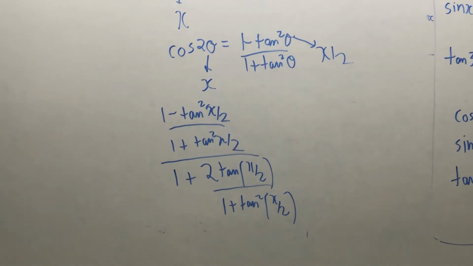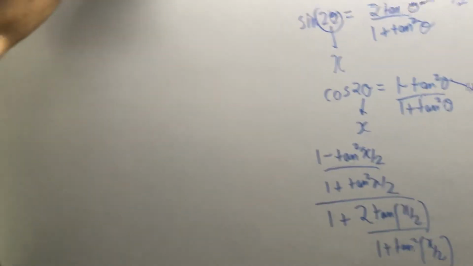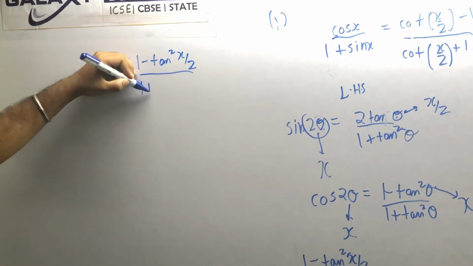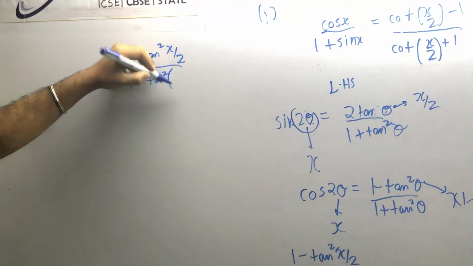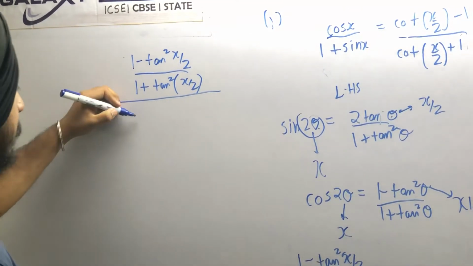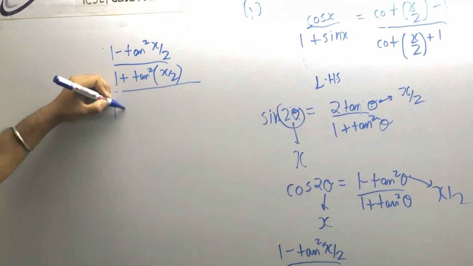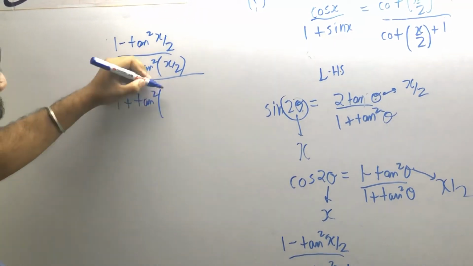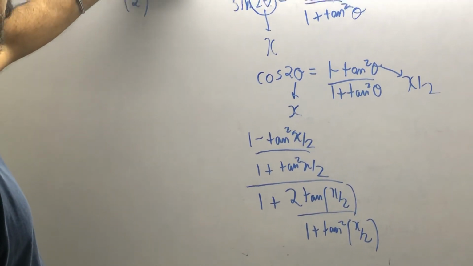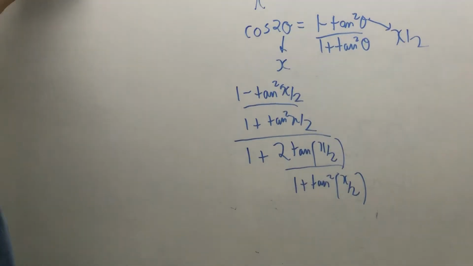Next thing, what we can do is take the LCM here, 1 plus tan square x by 2. So I am writing (1 minus tan square x by 2) divided by (1 plus tan square x by 2), upon 1 plus, what will be the LCM? 1 plus tan square x by 2, plus 2 tan x by 2, upon 1 plus tan square x by 2.